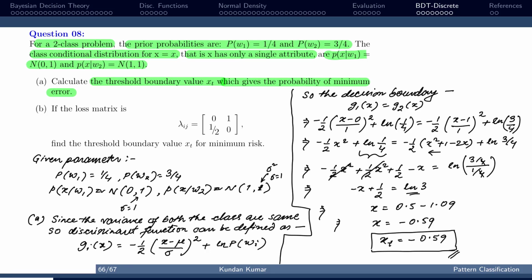Now let us solve the second part. Here we have given a loss function where the lambda ij matrix is given, and we have to find the threshold value x_T, which is the decision boundary for the minimum risk classifier. So here we have to apply the minimum risk classifier.